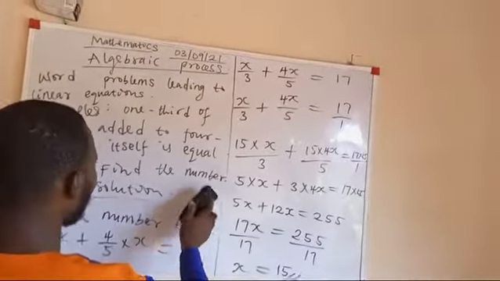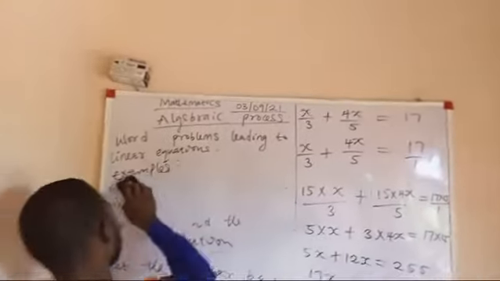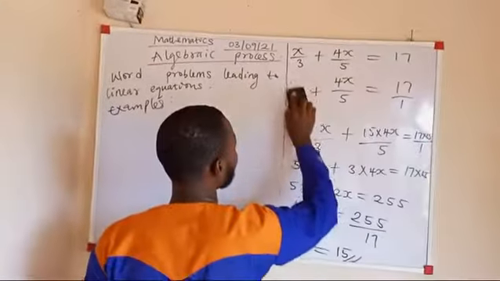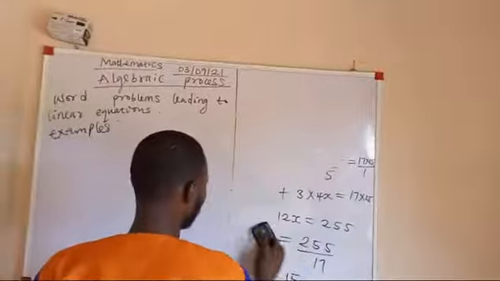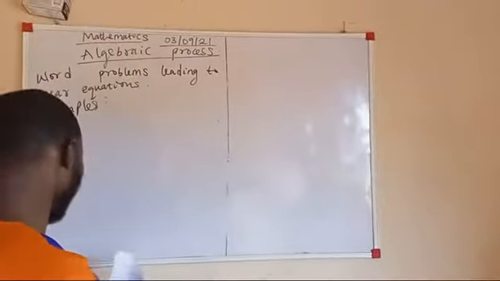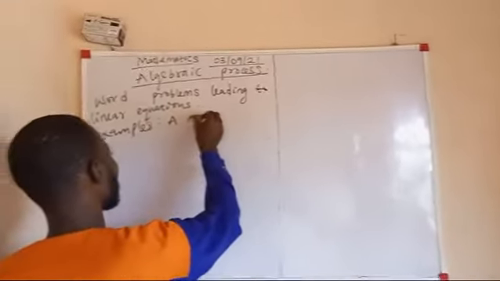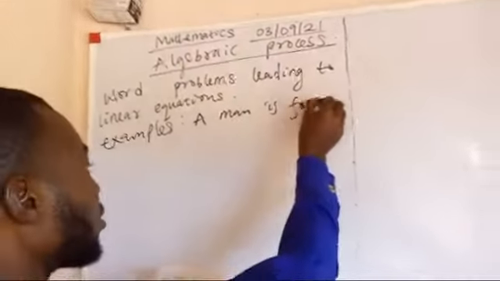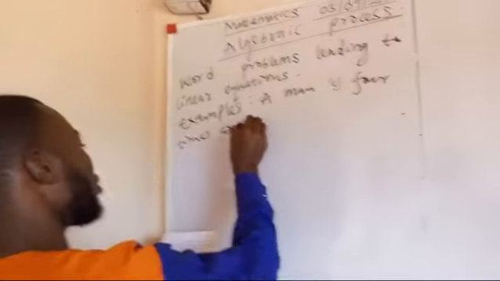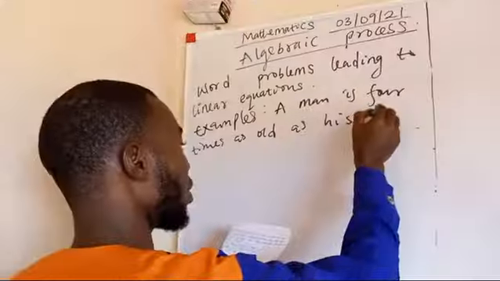The second one, example 2. Let's take a look at this one now. A man is 4 times as old as his son.